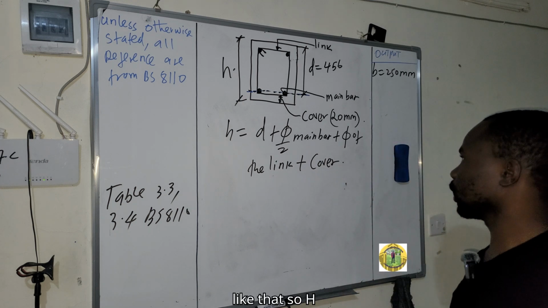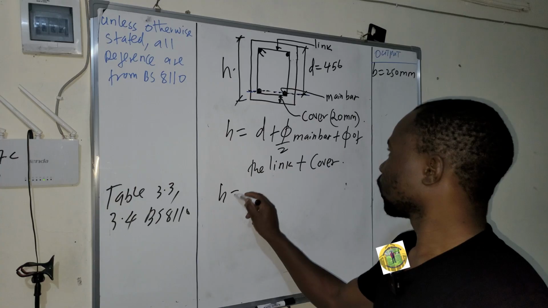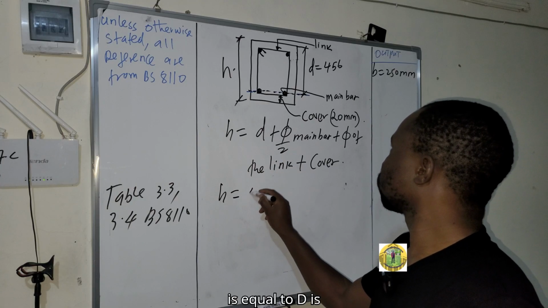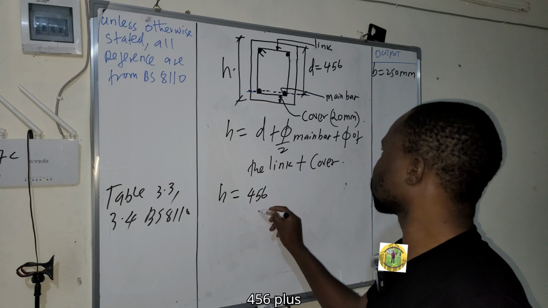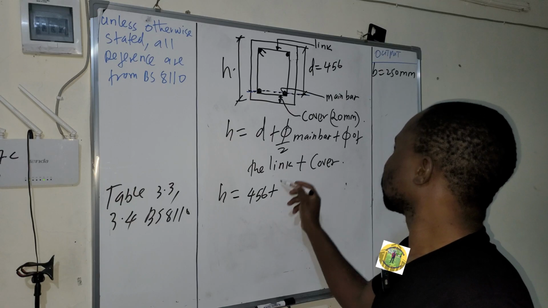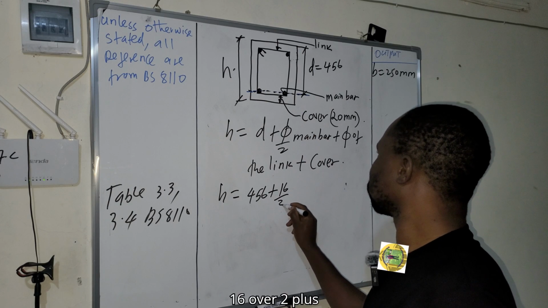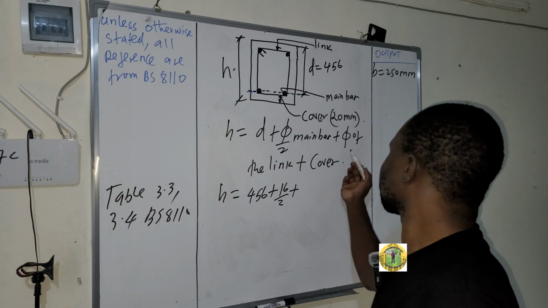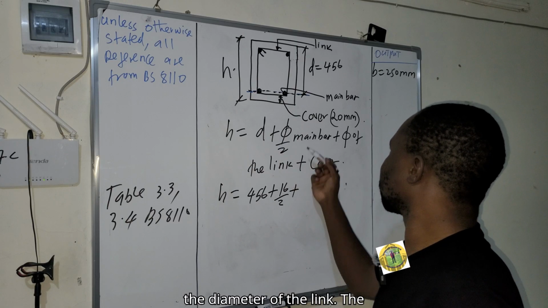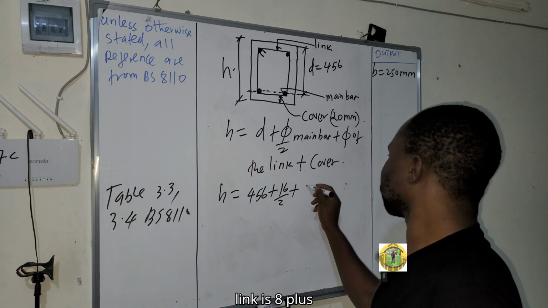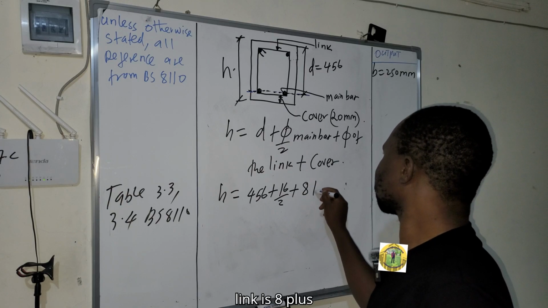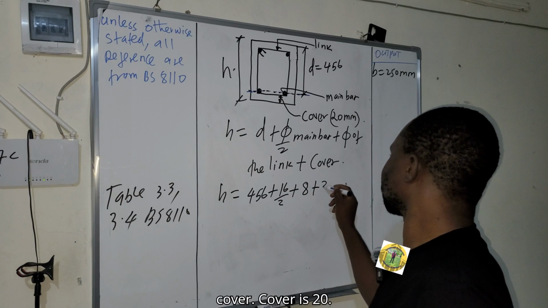So H is equal to D, which is 456, plus main bar diameter 16 over 2, plus the diameter of the link, which is 8, plus cover. Cover is 20.